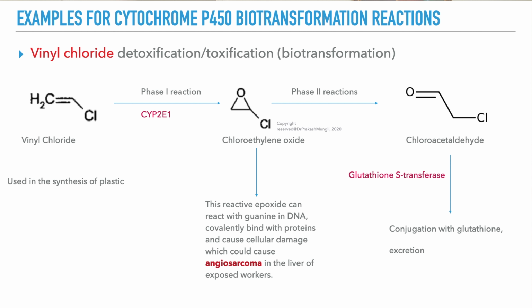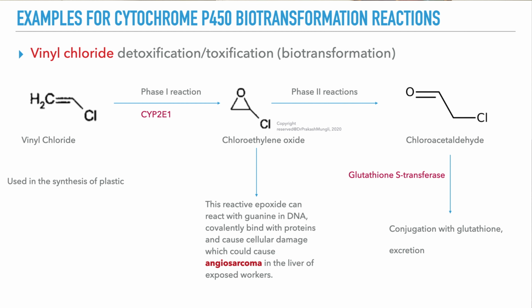The first example that I am explaining here is vinyl chloride. Vinyl chloride is used in the synthesis of plastic. If people exposed to vinyl chloride take it into the body, it is metabolized by phase 1 xenobiotic metabolism, where CYP2E1 converts vinyl chloride into chloroethylene oxide.